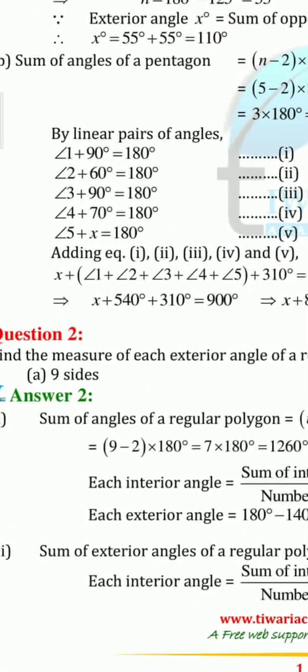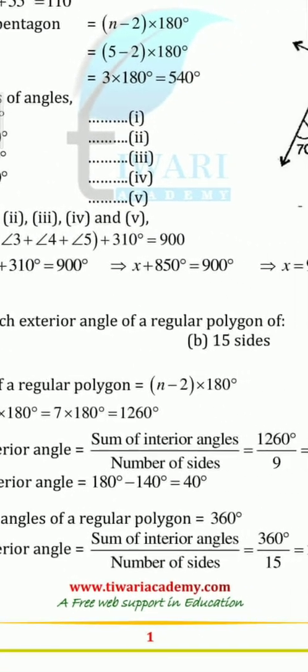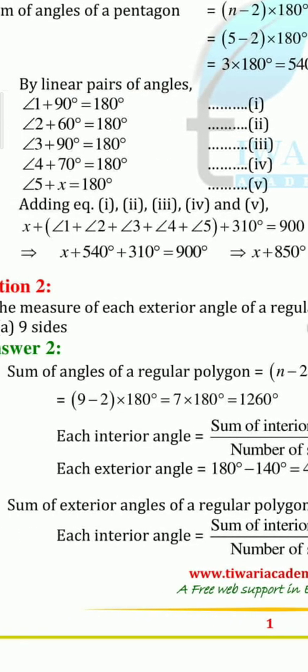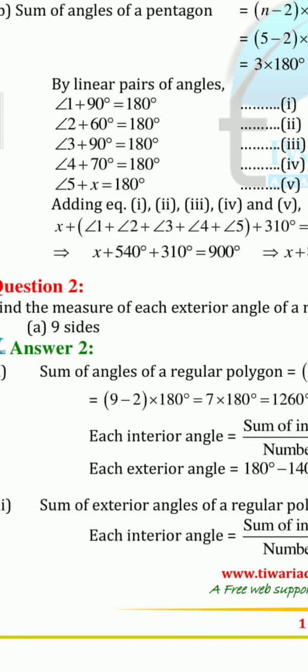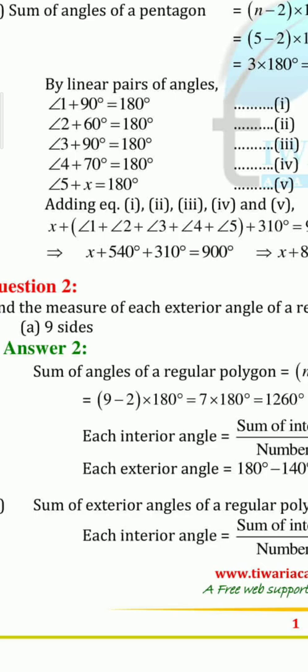Now kids, find the measure of each exterior angle of a regular polygon of 9 sides. Over here, the hint is already given, it's a regular polygon, meaning all the sides and all the angles will be equal, correct? Now for 9 sides, to find the measure of each angle, first you should find the sum of all the angles, which you can easily find out.